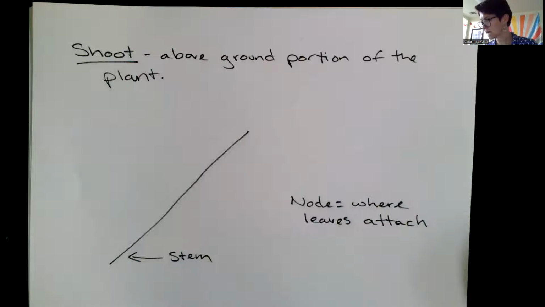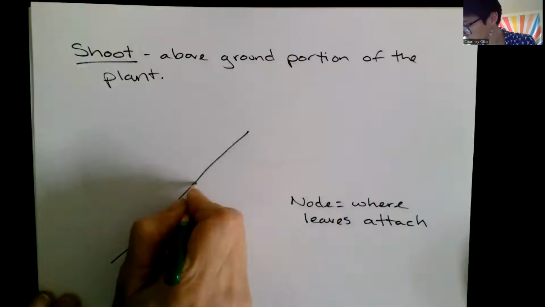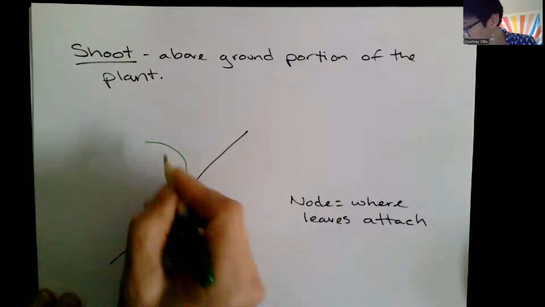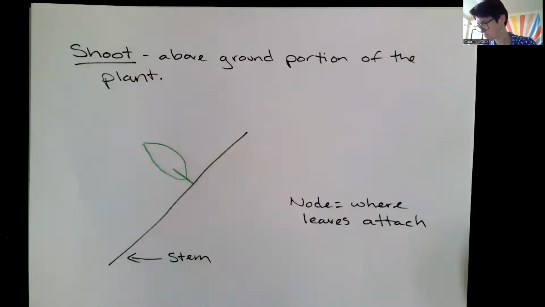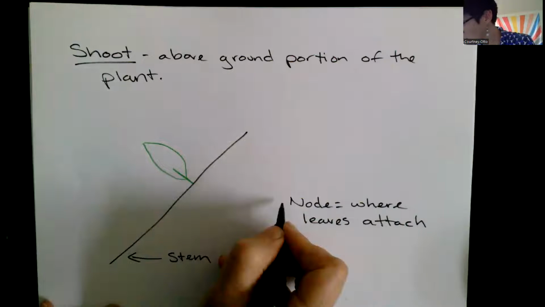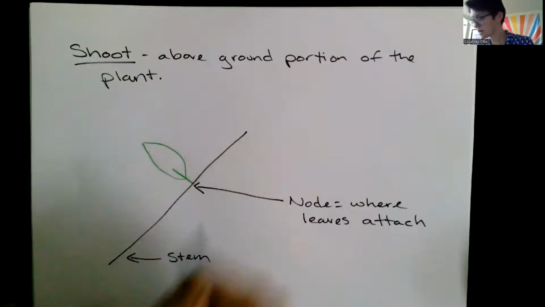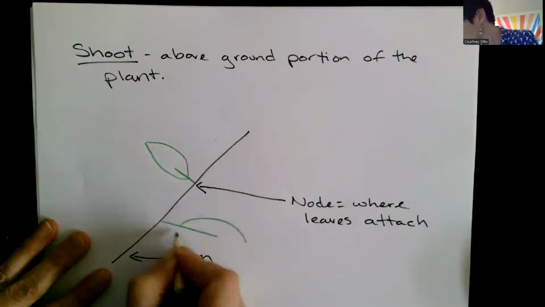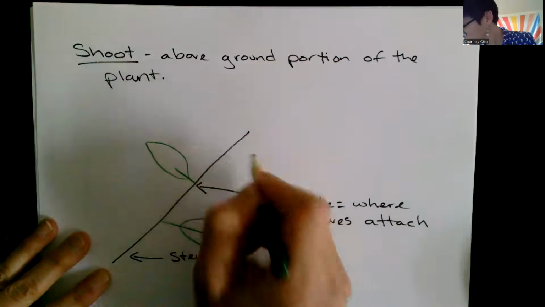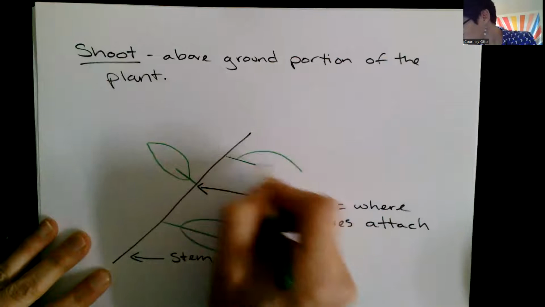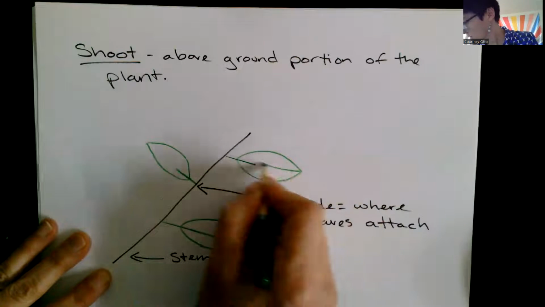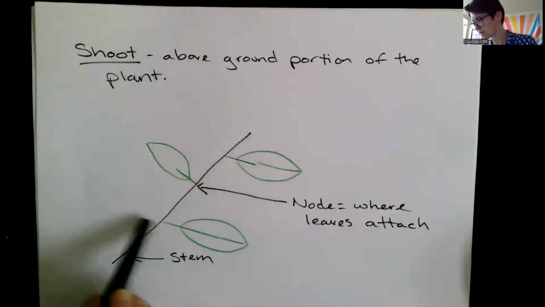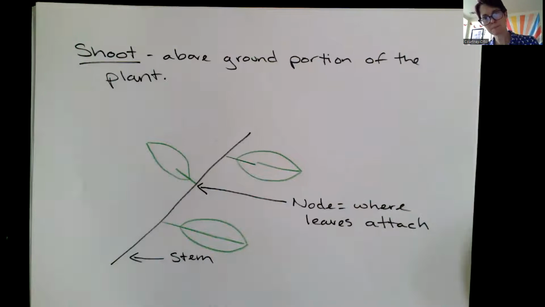And so if I look at my little stem here, I'm going to add a node. I'm going to draw just kind of a boring leaf right there. That would be a node, an area where a leaf attaches. Well, let me add in a couple more leaves. Right, this would also represent another node and another node right here.